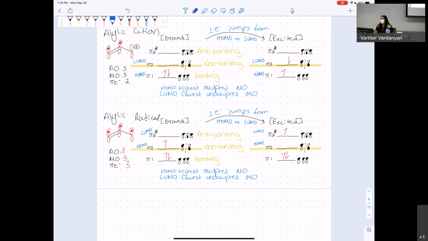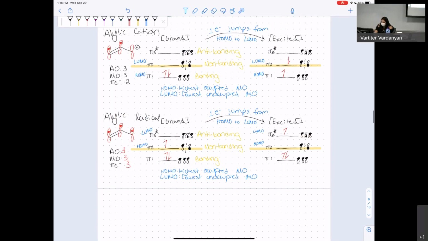So that's going to stay exactly the same because that only changes when you change the number of energy levels. And since we still have 3 p orbitals, this diagram that I drew and the number of bonding, non-bonding, anti-bonding is not going to change. So remember, the labels are not going to change.